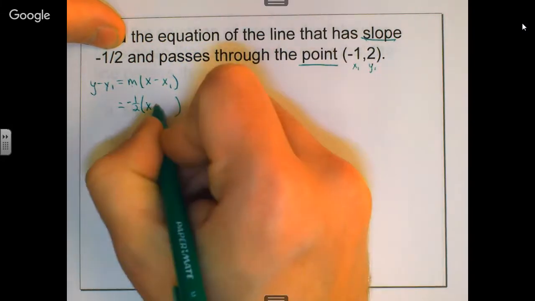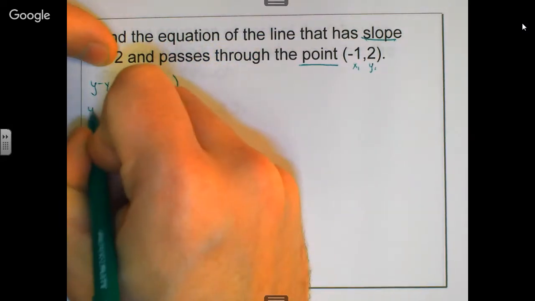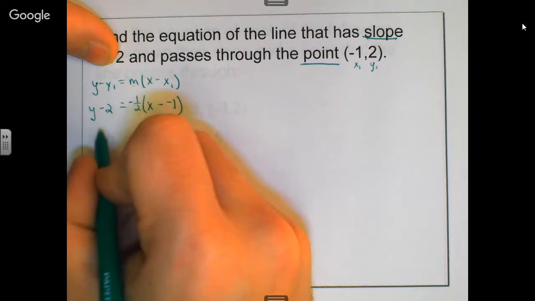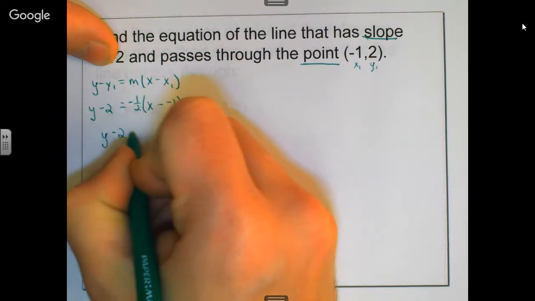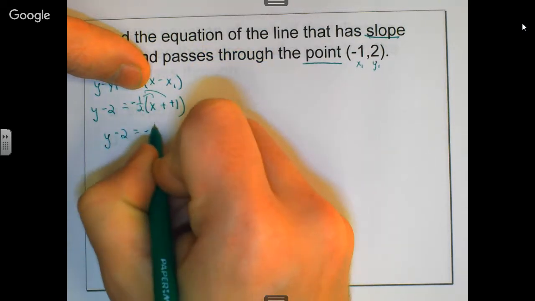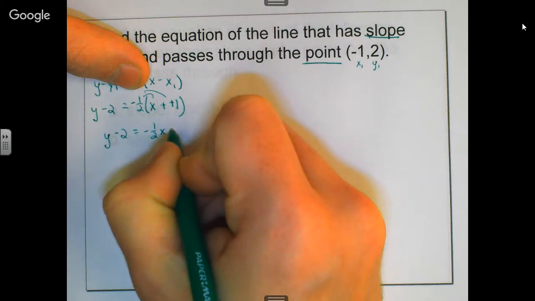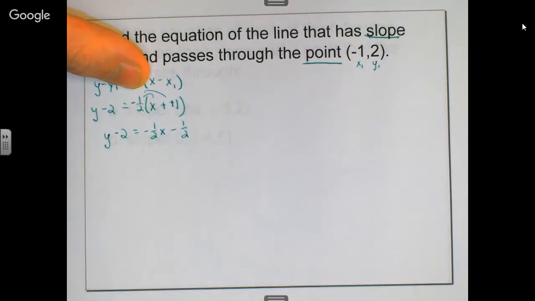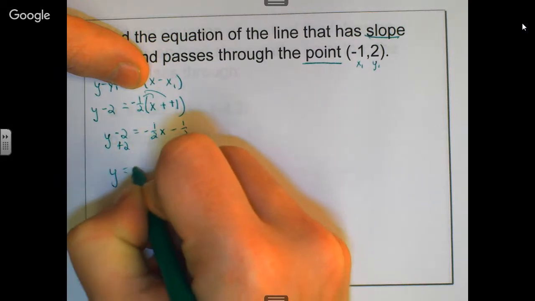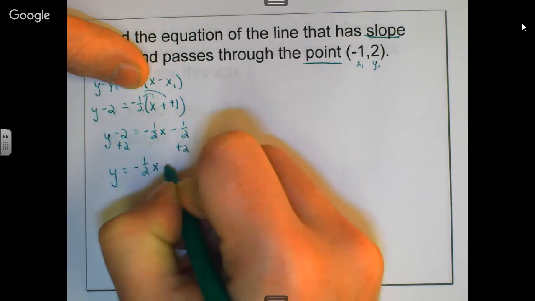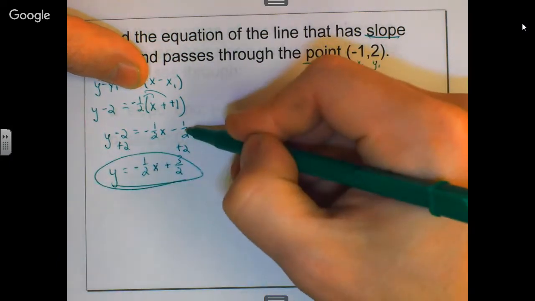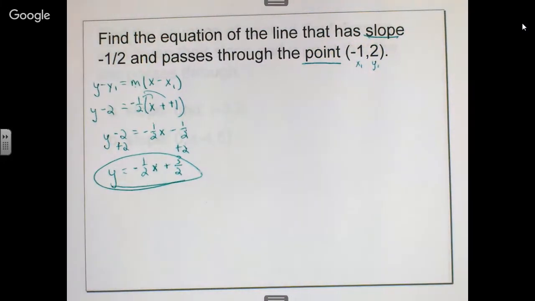So I plug in minus -1, and then I have y minus 2. Then I just reduce it and get y by itself. So y minus 2 equals, if I distribute that, this becomes a plus, -1/2 x minus 1/2. I'll add 2 to both sides. So y equals -1/2 x plus 3/2. That's -1/2 plus 2 is 3/2.